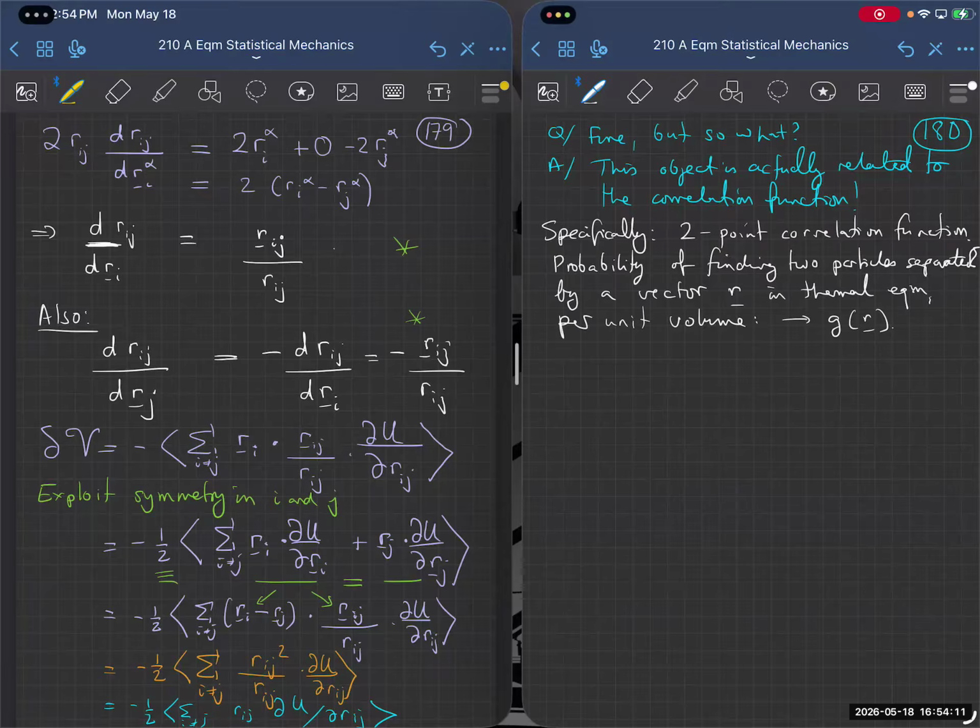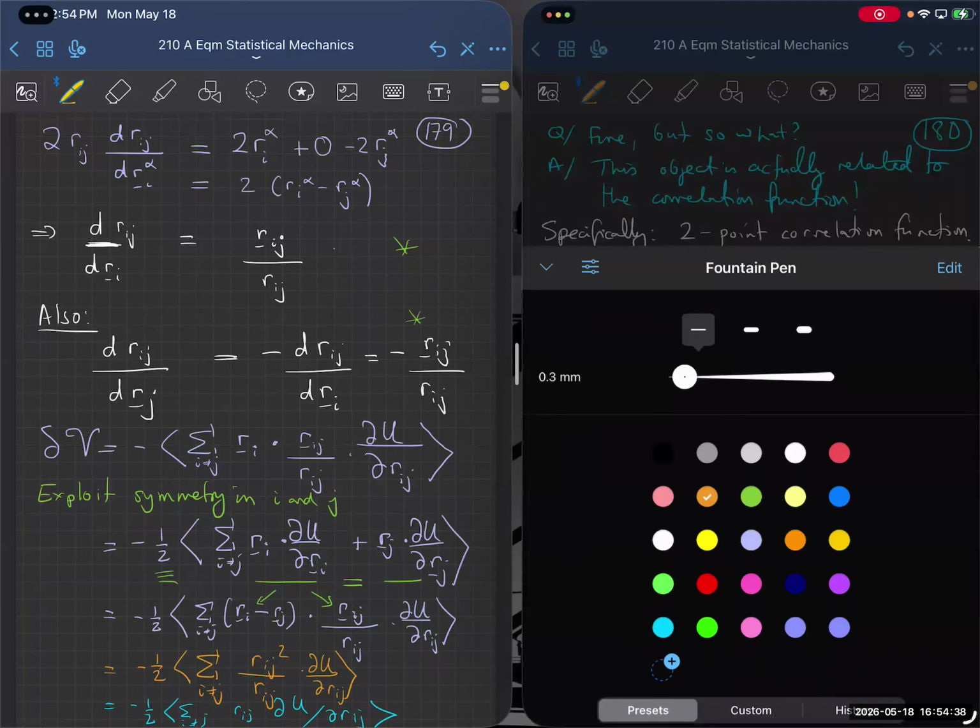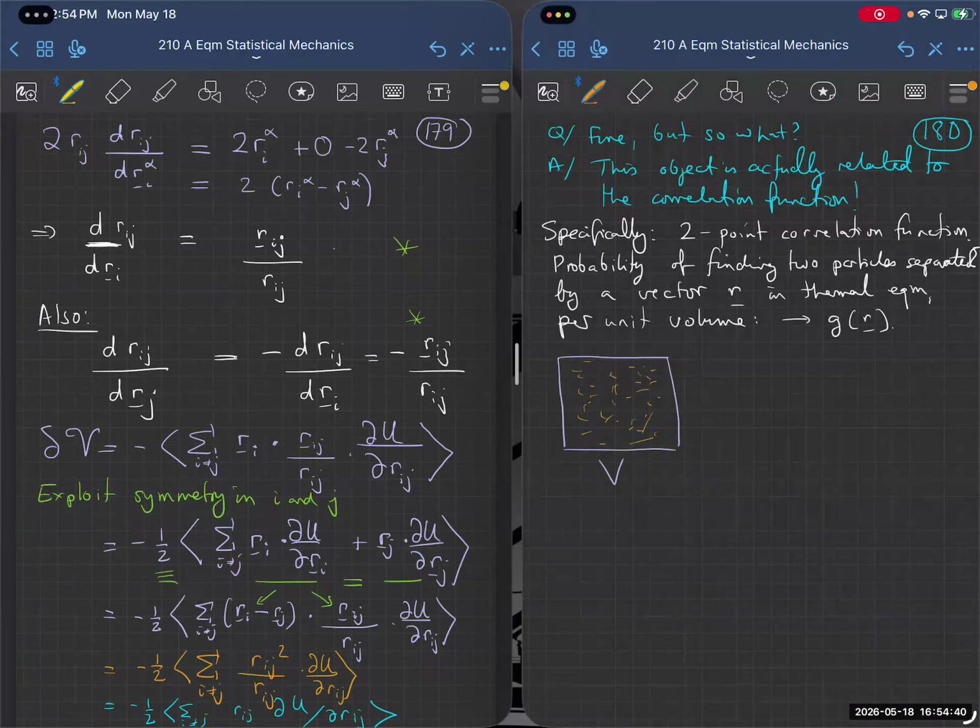So let's write down what it actually is. Let's suppose I have a volume V. Here's my system, a volume V, and in it I've got a bunch of particles. There they are. And then you tell me what your vector is.